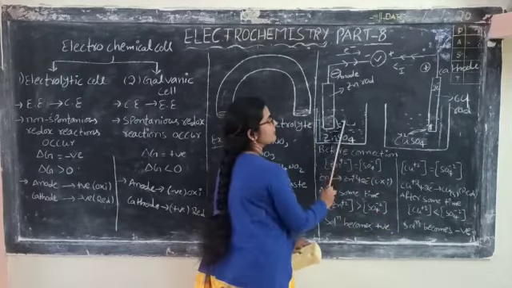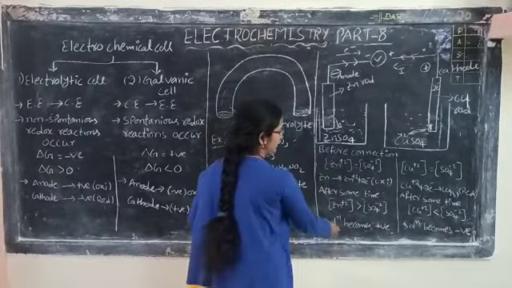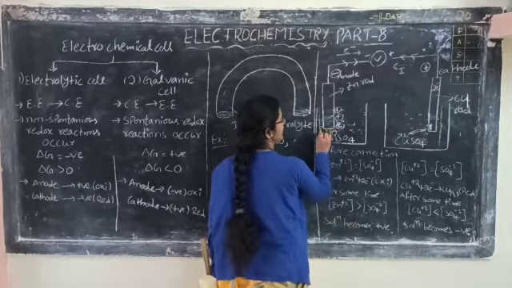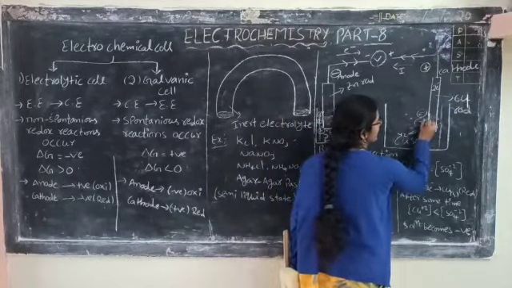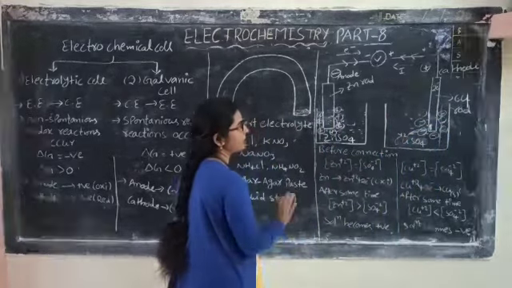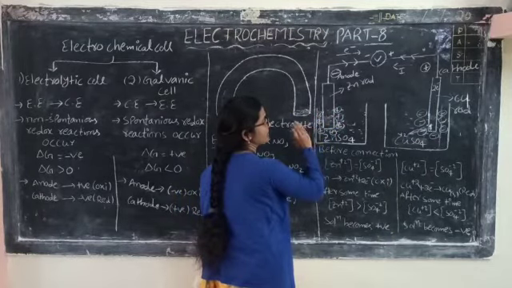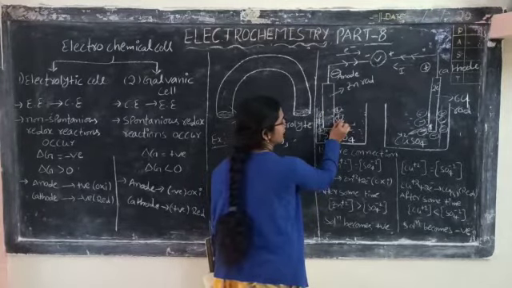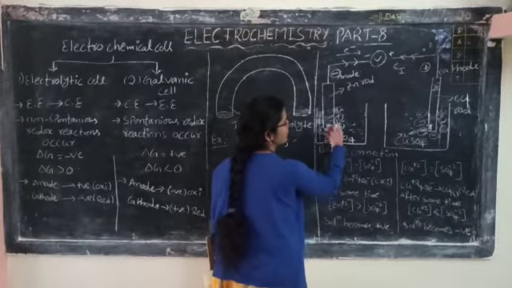If we don't connect the salt bridge, what happens? The positive charges increase, like this. These are the positive charges. So positive charges increase here, and negative charges increase in the other solution. Then what happens after some time? We know the attractions between negative and positive charges increase. So these positive charges attract the electrons towards the solution.